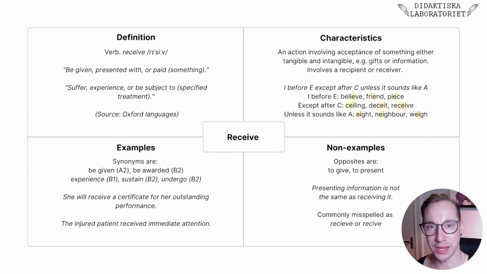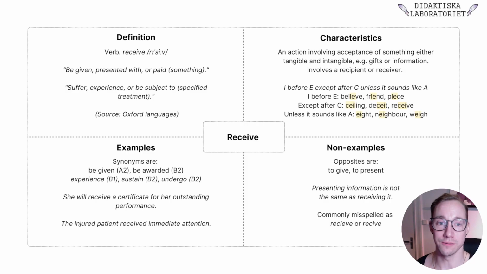Next, let's have a look at characteristics. Characteristics explain what's typical of the word, and here we can see that receive is a kind of action which involves the acceptance of something. And what you receive then can either be considered tangible or intangible, meaning that it's something that you can touch, something physical, or something that isn't physical, not something you can hold on to.